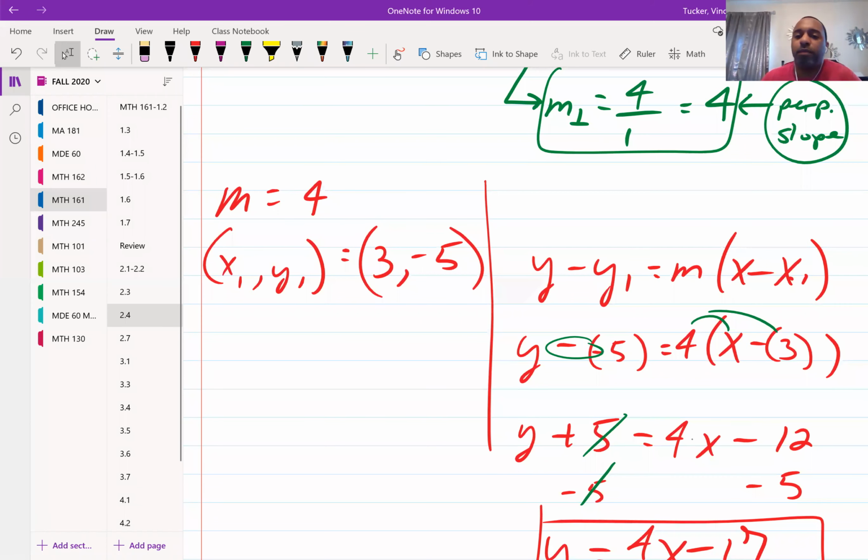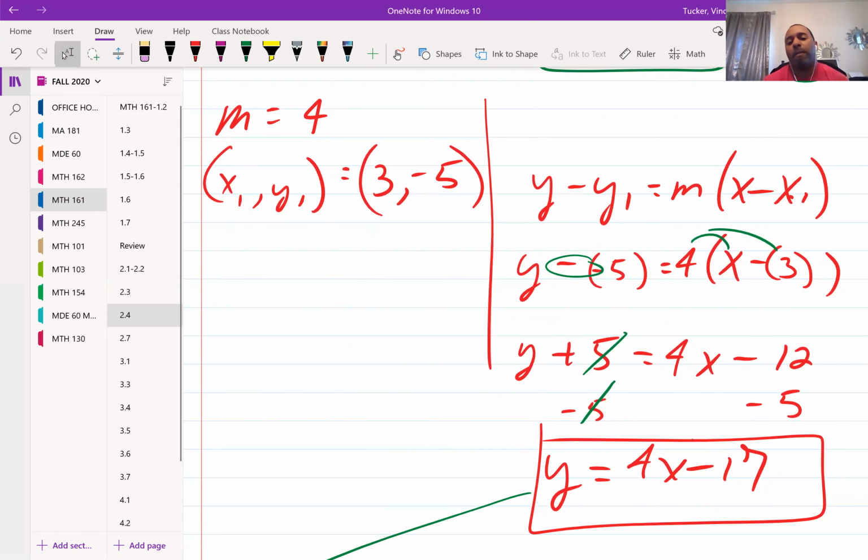So that's -5 for y1, 4 for m, and then 3 for x1. So that turns to y plus 5 equal to 4x minus 12. Subtract 5 from both sides. That will be y equal to 4x minus 17.